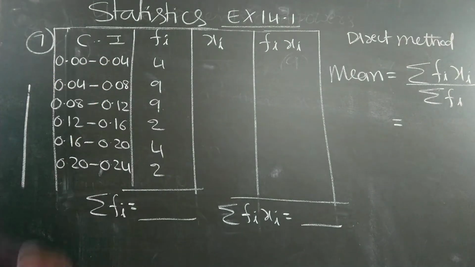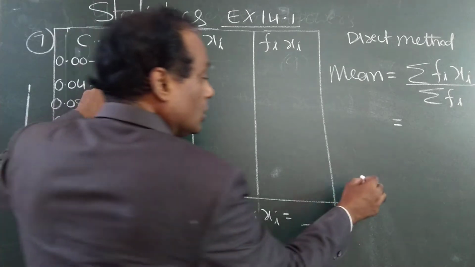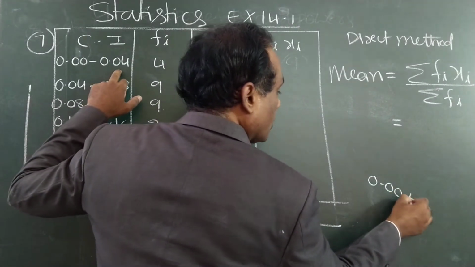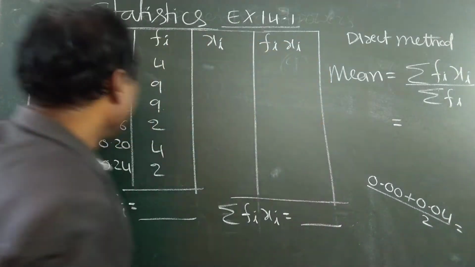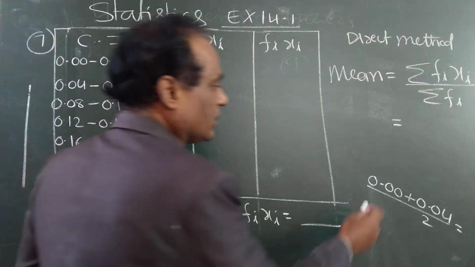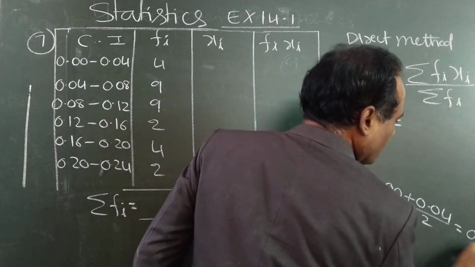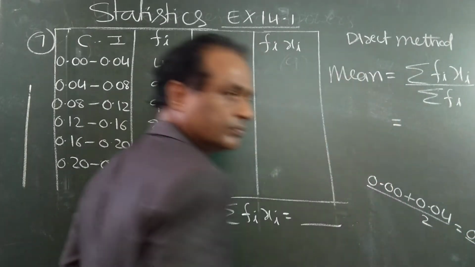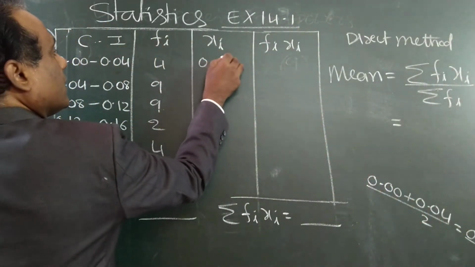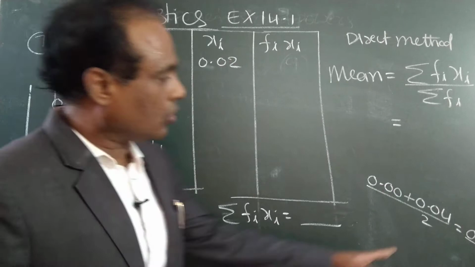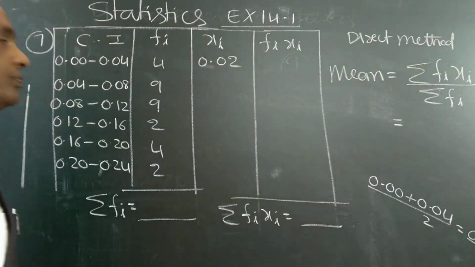Find the mid values. How to find the mid value? This plus this by 2. 0.00 plus 0.04 by 2. This is 0 only, so 0.04 by 2, 2 twos are 4, that is 0.02.